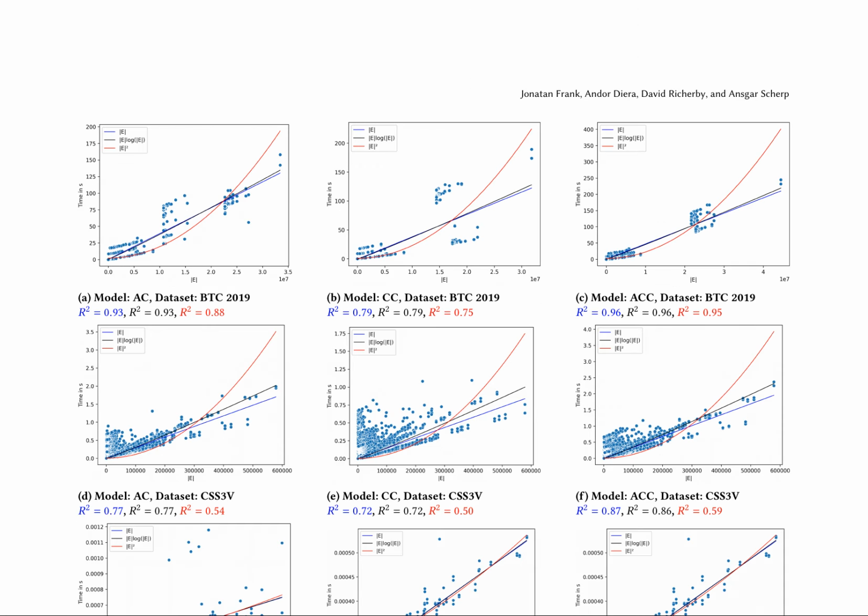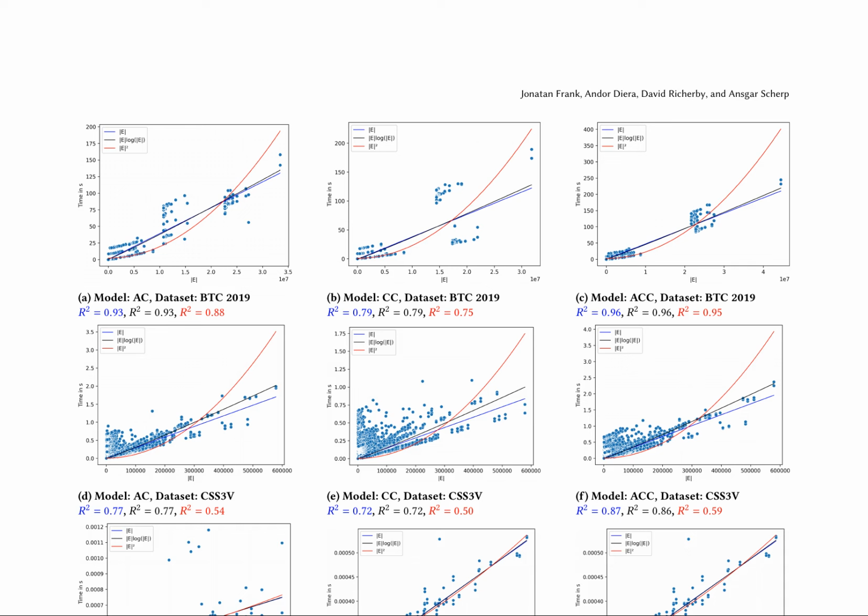Regression analyses were conducted on 3 datasets: BTC 2019, CSS3V, and INC 2023 using 3 summary models: AC, CC, and ACC. The performance of each model was evaluated through the coefficient of determination, R², which measures the variability in the dependent variable explained by the model.